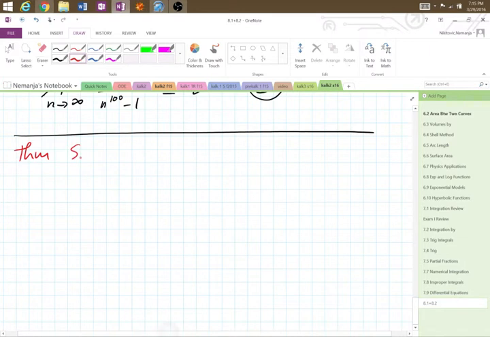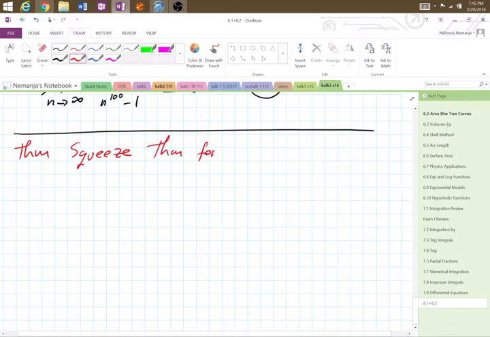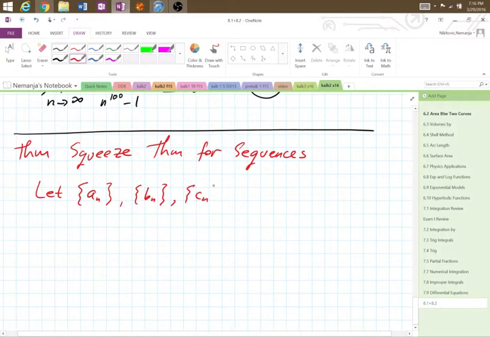So let's write this theorem for squeeze for sequences. So let the sequences an, bn, and cn be sequences with, now this is an important statement, an less than or equal to bn less than or equal to cn.